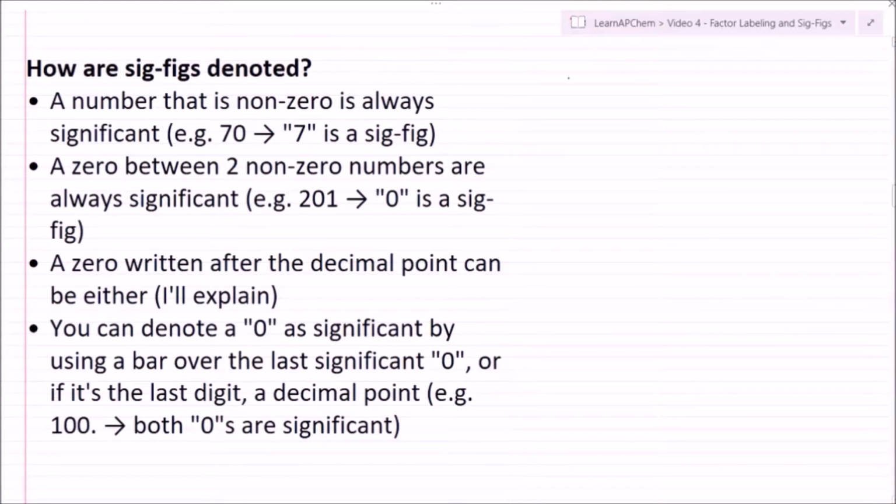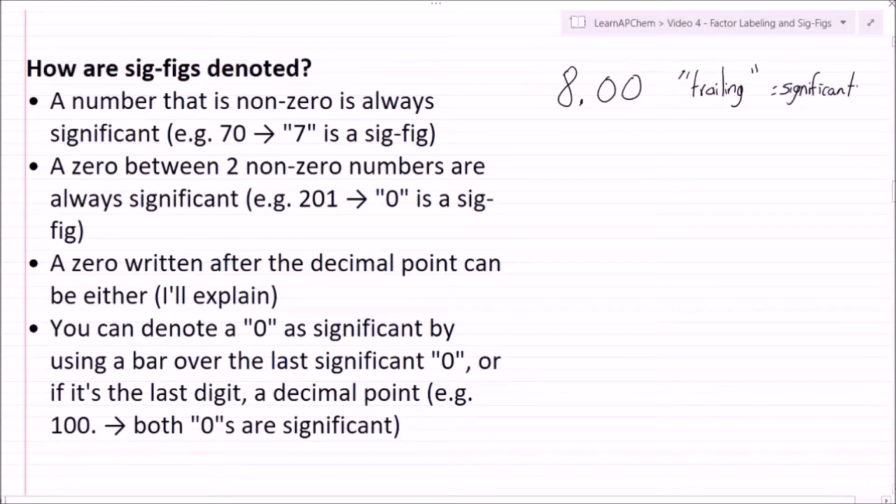If we have what are called trailing zeros, meaning that there are no numbers coming after them, this would be considered significant. So these are trailing zeros because I have no numbers coming after these zeros, and these are significant.